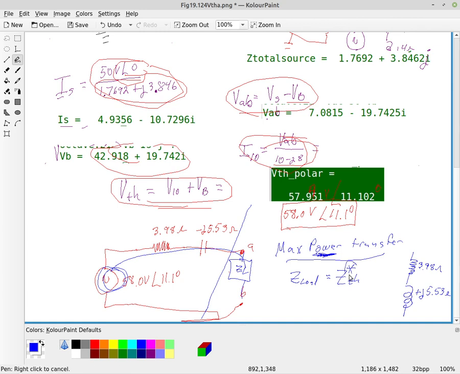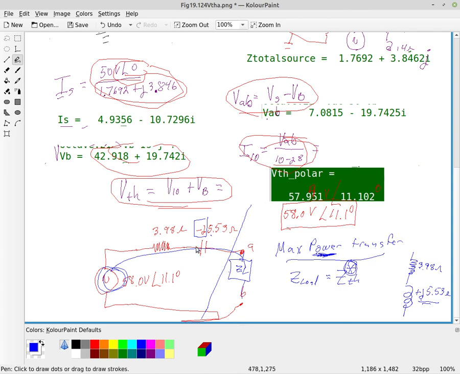So this means complex conjugate. What that means is that if you got a capacitor in your Thevenin, then you put an inductor in the load. All right, and what happens is you make them the exact same value, so the capacitor and the inductor cancel out.